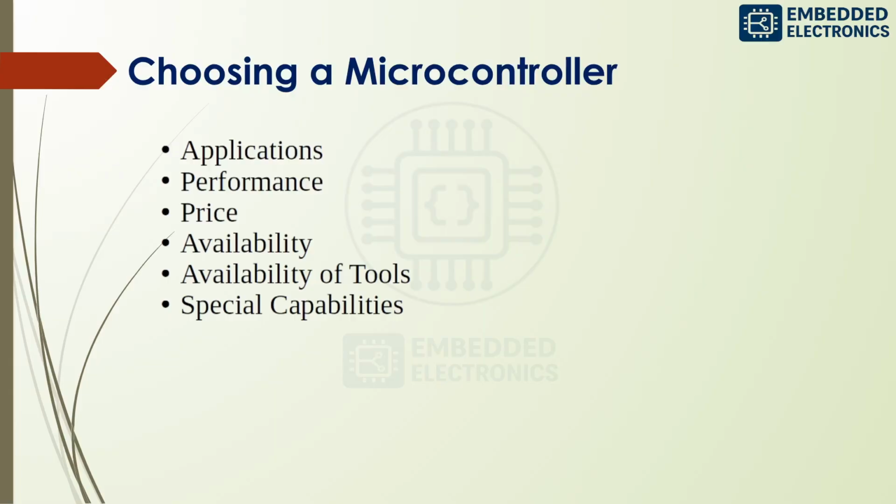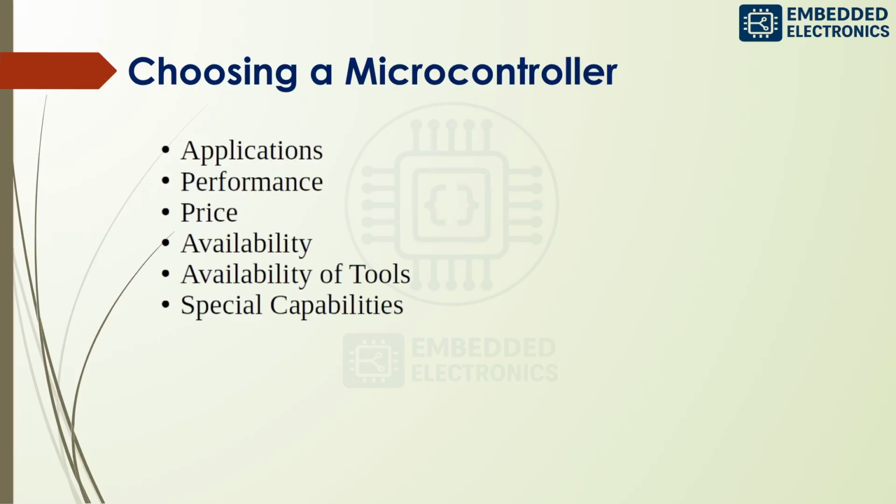And availability of tools. Even a great chip is painful to use without good tools. You need a compiler, debugger, libraries and community support. Poor tooling can add months to your development time, so because of this, the price also increases, right? And special capabilities. Some microcontrollers have built-in superpowers that save you from adding costly external components.